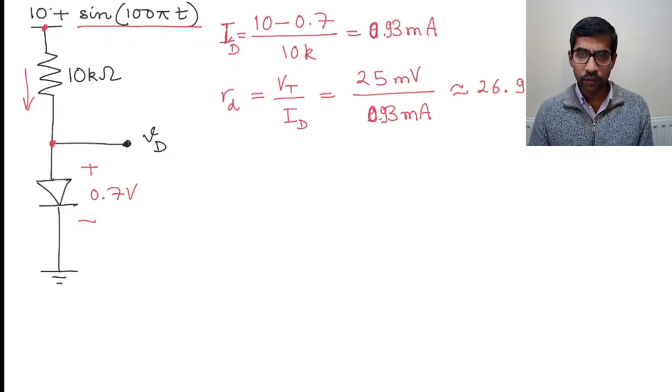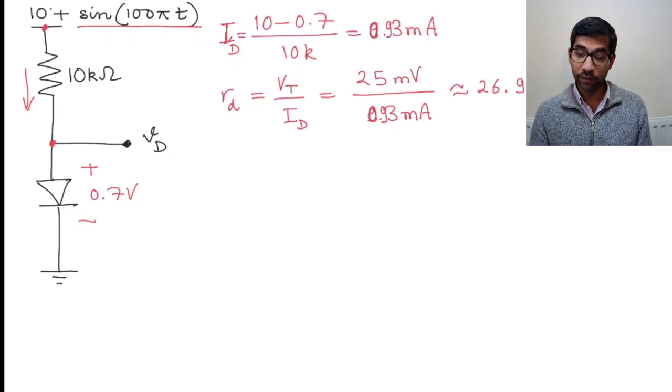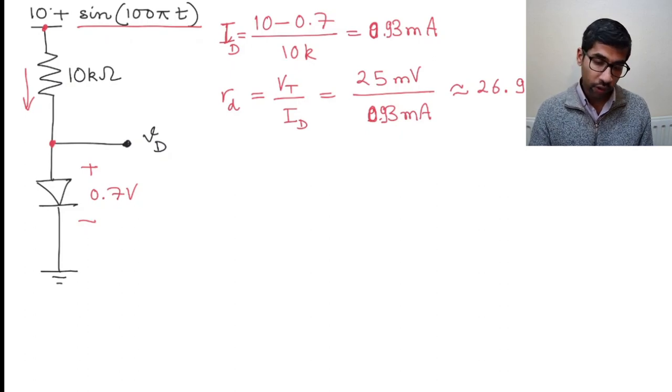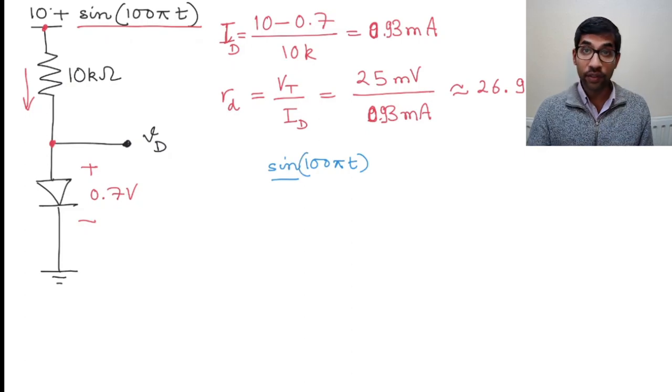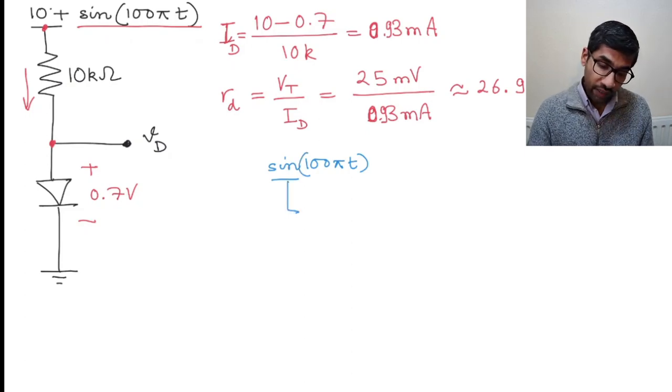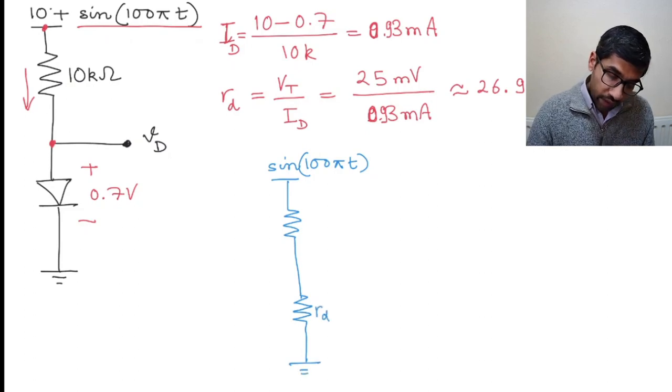Now, we can replace this circuit with its small signal equivalent model. What does the small signal equivalent model look like? The voltage that we give is the small signal, which is sine 100 pi t. We can ignore the DC voltage for a moment. Then we have the 10k resistor, and the diode is replaced by a small signal equivalent resistance, r_d, and this is your 10 kilo ohms.